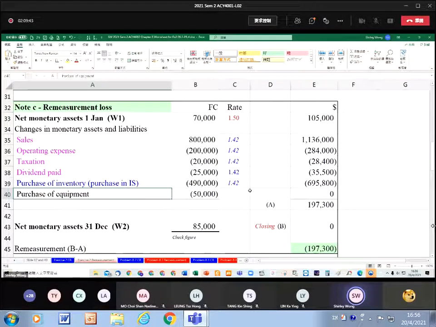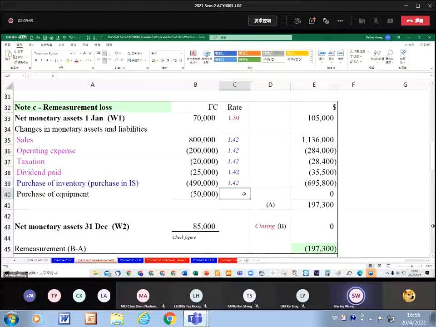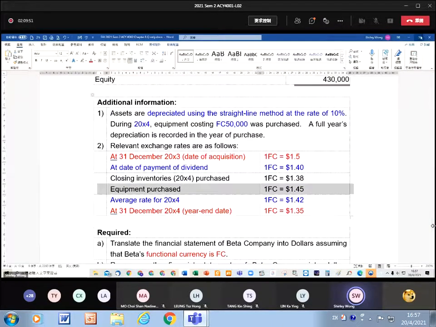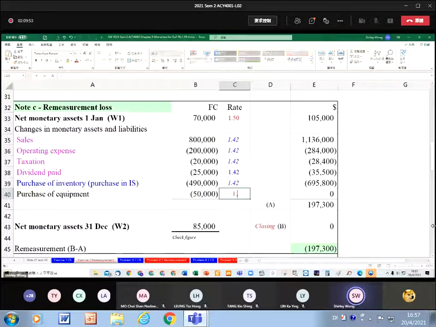And then the purchase of the equipment here, according to the question, this newly purchased equipment actually has its own rate. The purchase equipment is 1.45. Therefore, you type in 1.45.